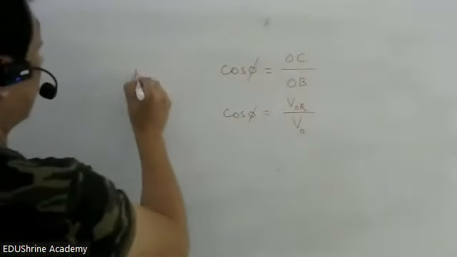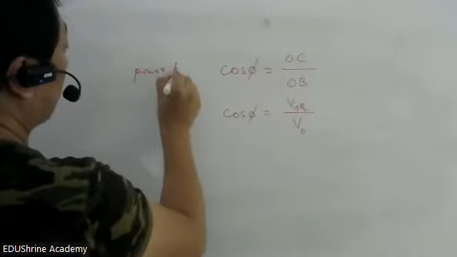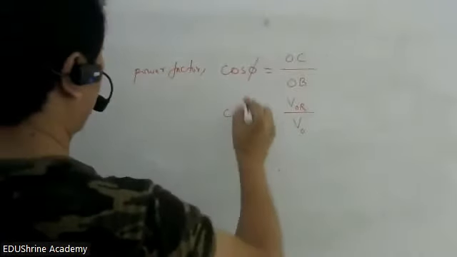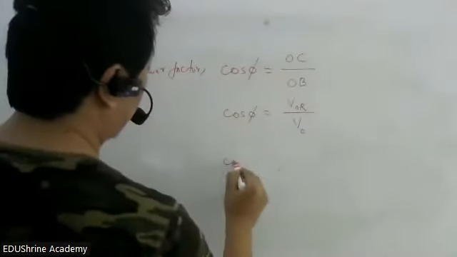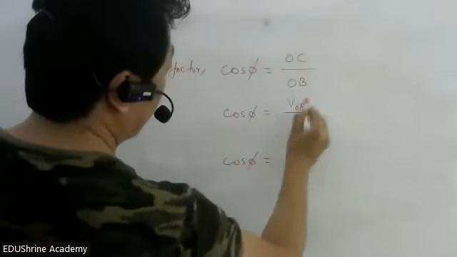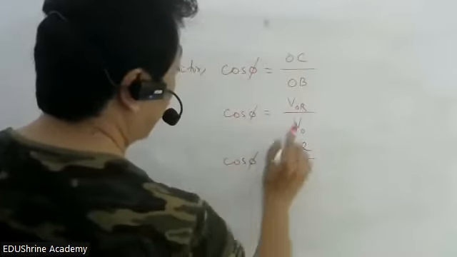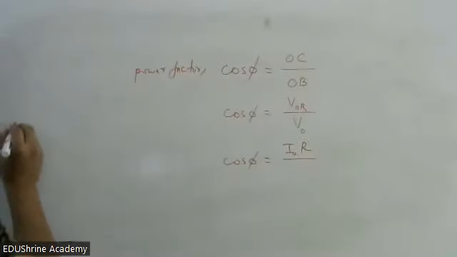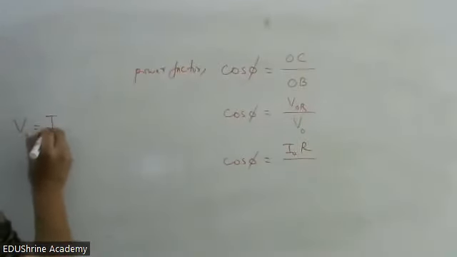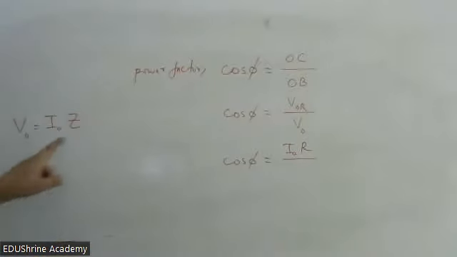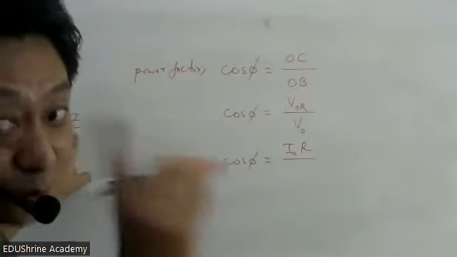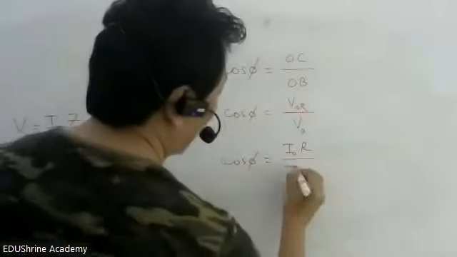From the phasor diagram, power factor cos phi is adjacent by hypotenuse. Now apply Ohm's law: V naught R is I naught into R. V naught, who can tell what I can write for V naught? I naught Z. Very good, because Z plays the role of total opposition, impedance.